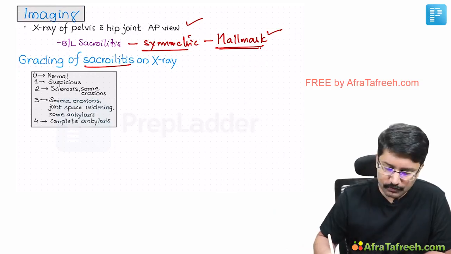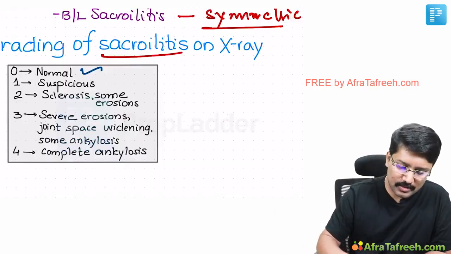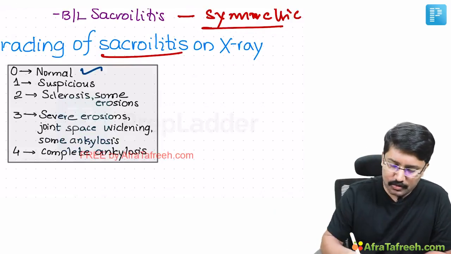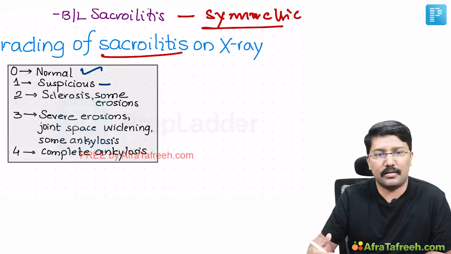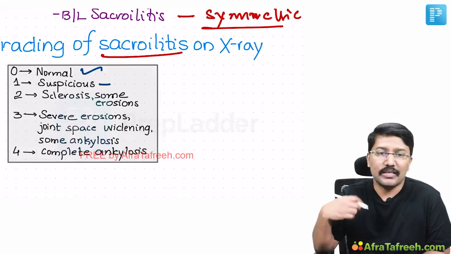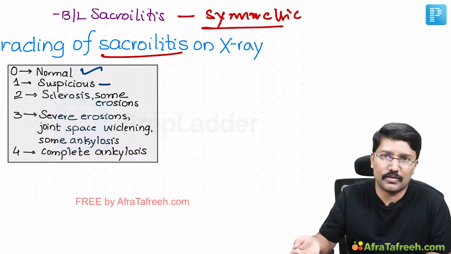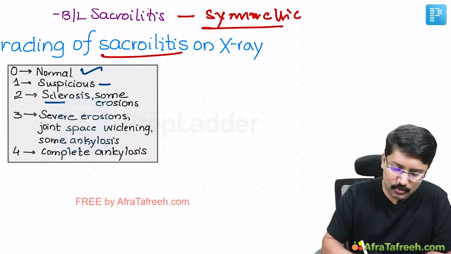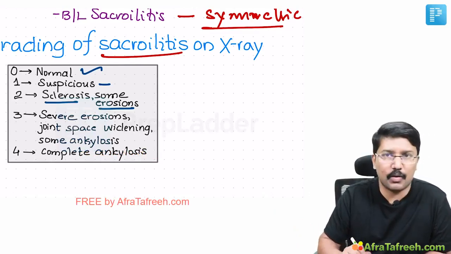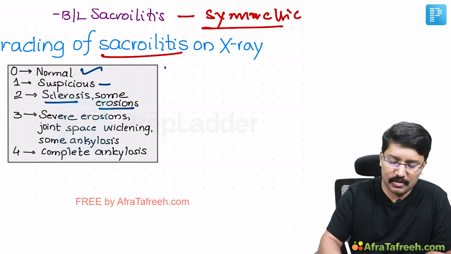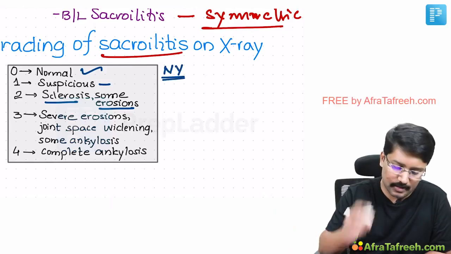So the grading includes 4 grades. Grade 0 is obviously normal. Grade 1 is where you have a suspicion about sacroiliitis. Grade 2 is where you see sclerosis, mainly subchondral sclerosis, and some degree of joint erosions, right? So when there is sclerosis and some degree of joint erosions, we call it grade 2. This is basically the New York grading, okay?